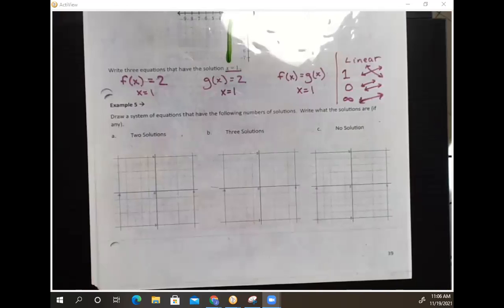So that would be fair game. I attempted.